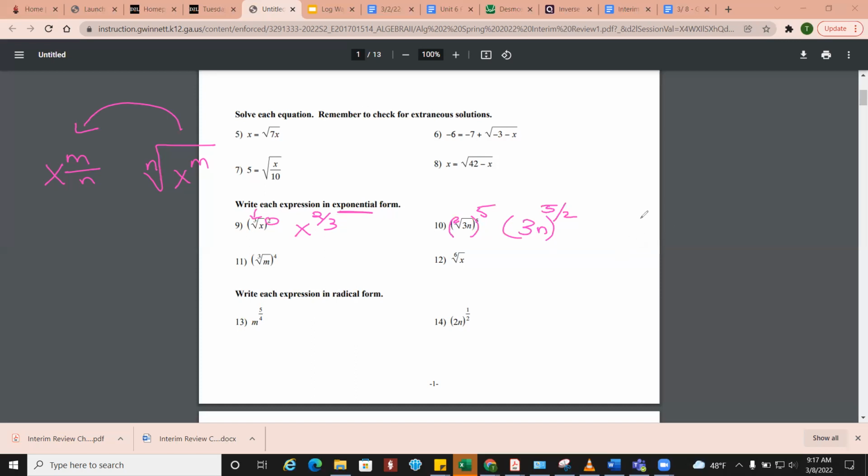Let's say that it was written like this, the square root of 3 n to the 5th. Then that would just mean that n is to the 5th power. This only has one variable, right? Since there's 2 variables here, they had to use those parentheses.